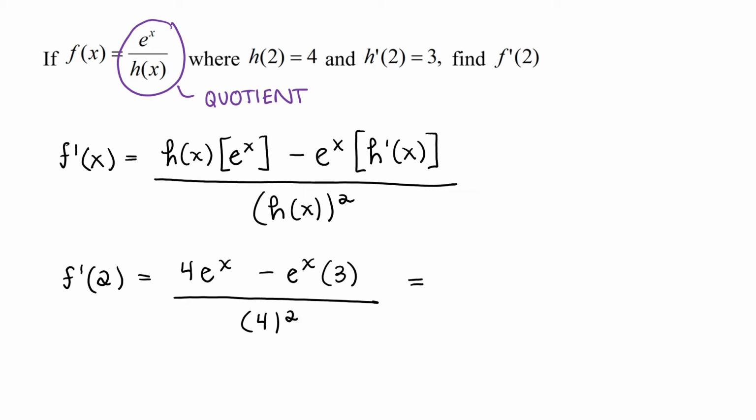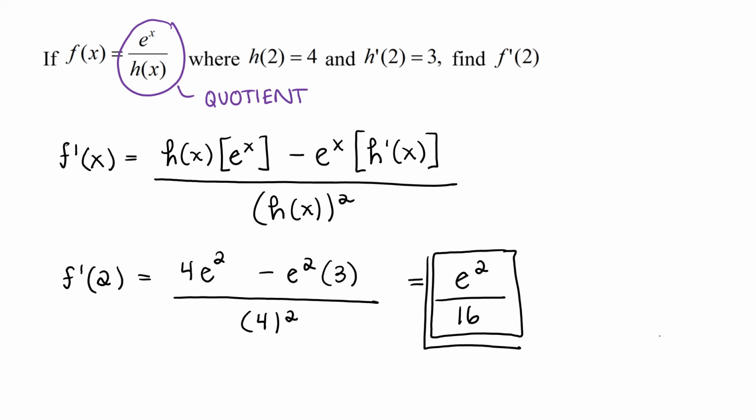If I have 4 e to the x's and I subtract 3 of those e to the x's, I am left with 1 e to the x, keeping in mind that actually I should substitute 2 in for these as well, so these are e squareds, all over 4 squared, which is 16. So f prime of 2 is equal to e squared over 16.